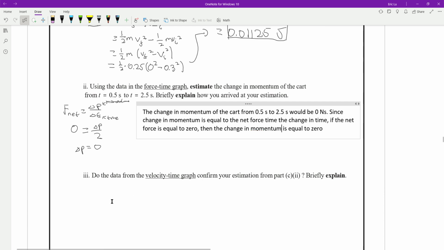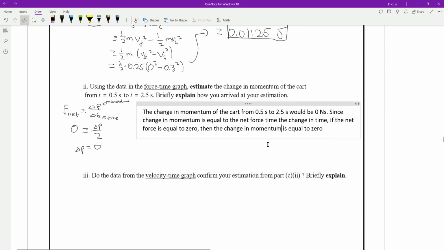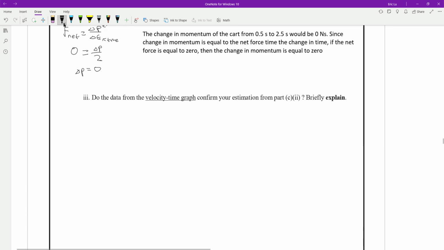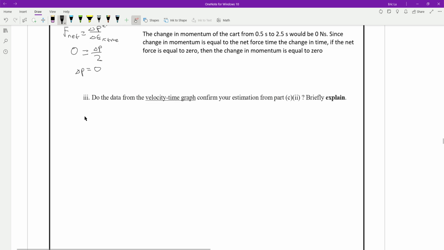And do the data from the velocity time graph confirm your estimation from part C I? So we know that, well, first of all, if it asks these questions, the answer should most of the time be yes, unless you know you got this wrong, then you would say no and try to get partial marks. But in this case, I don't even need to look at the graph and say why.